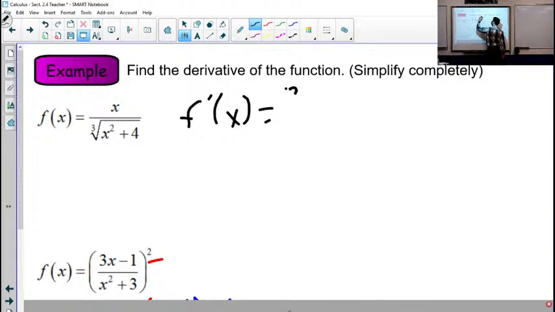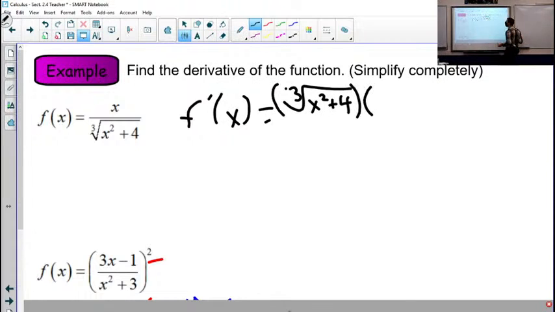Low d high, derivative of x, is 1. Minus high d low.